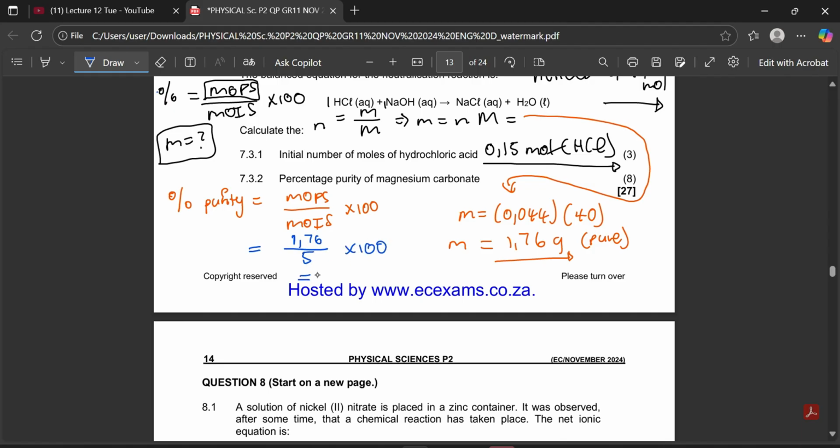I get my percentage purity as 1.76 over 5 times 100, which is 35.2%. That's the percentage purity that I actually get.